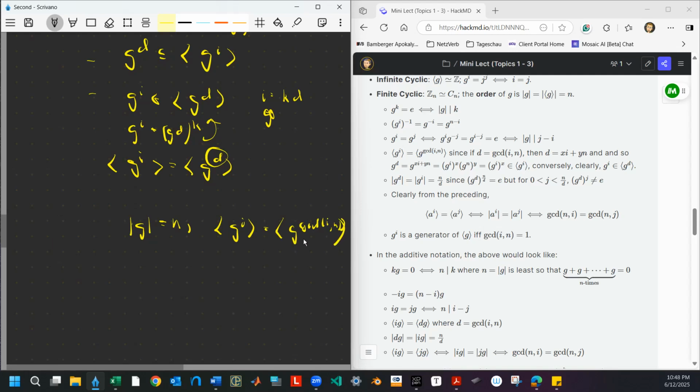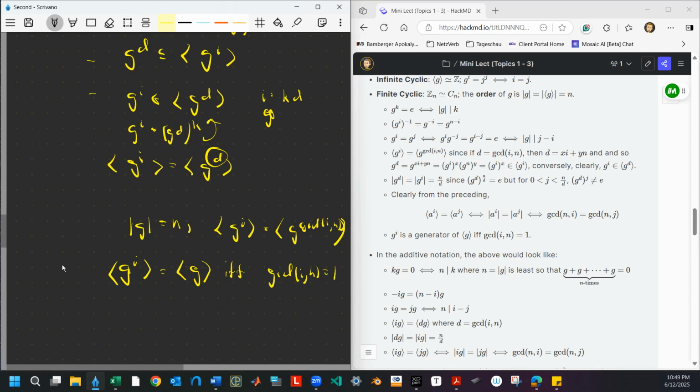Now notice when you get the whole group G back: ⟨g^i⟩ equals G, the whole cyclic group, if and only if the gcd of i and n is 1, so they're relatively prime.